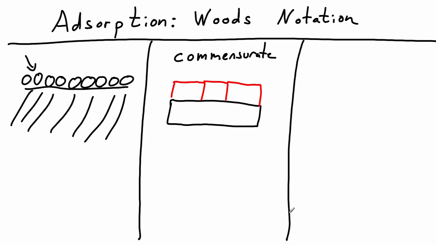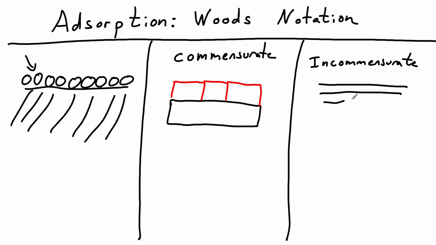We could also have incommensurate ordering. And that's sort of like if we had a table, and if it's a wood table, it's going to have some sort of wood grain to it that's aligned in a certain direction.